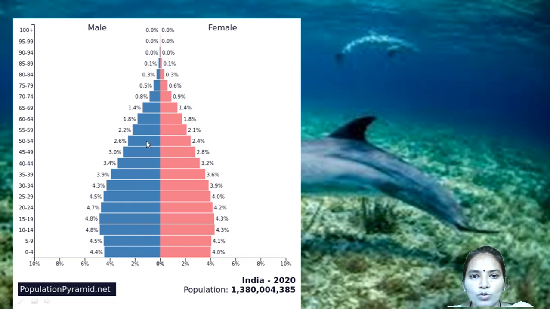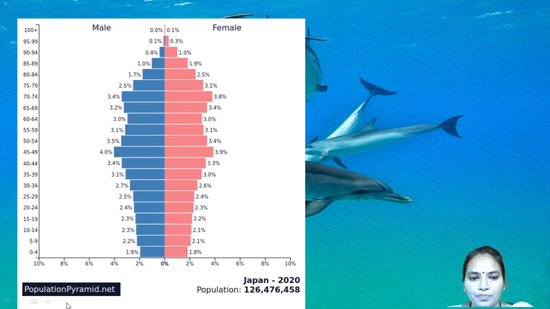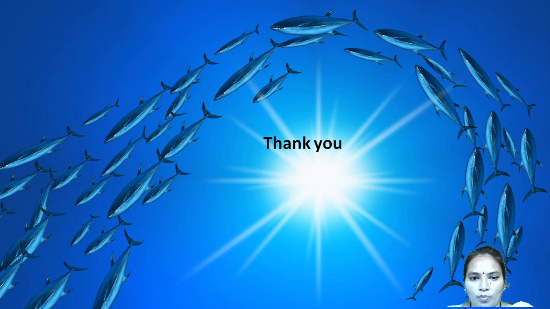We can see almost all the stages are equal, hence this is a population graph of a constant population. In the case of Japan we can see that the pre-reproductive stages are smaller as compared to the reproductive and the post-reproductive stages. Hence, it is a graph of a declining population.